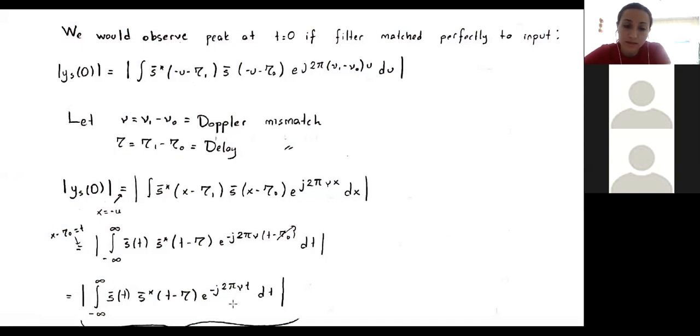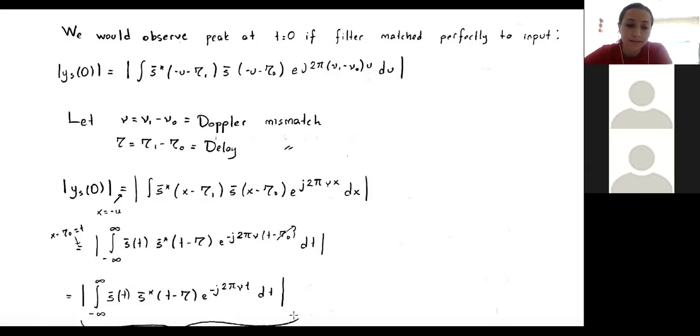We want that this function, if our mismatch is small, if we're close to the true velocity and delay values in our match filter parameters, then we want this term to be quite large. So for tau and v small, we want this term to be large actually.